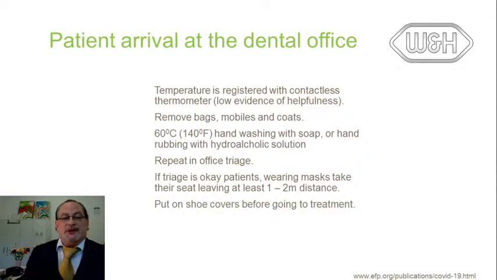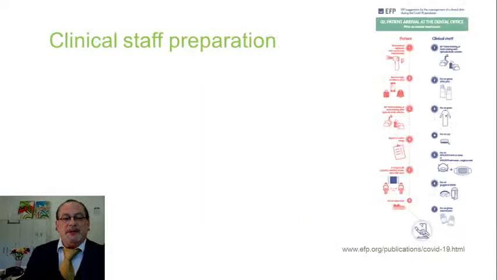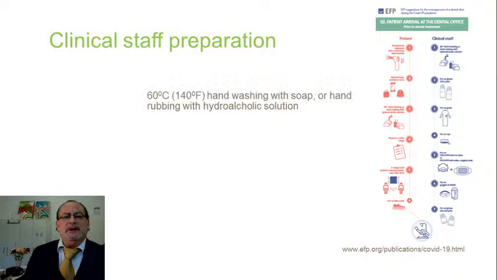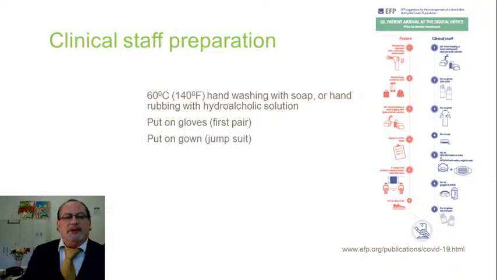Then the patient puts on shoe covers before going to the treatment, and the clinical staff preparation looks like following. Also hand washing with soap and 60-degree warm water, which would mean 150-degree Fahrenheit, or hand rubbing with hydroalcoholic solution. Then we put on the gloves, the first pair, and put on the gown or a jumpsuit.